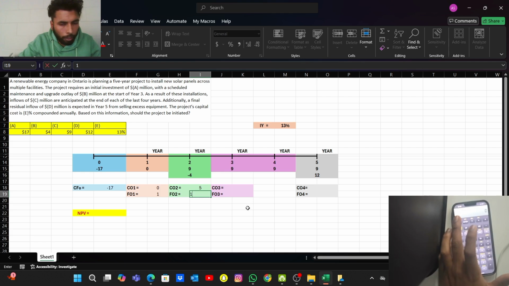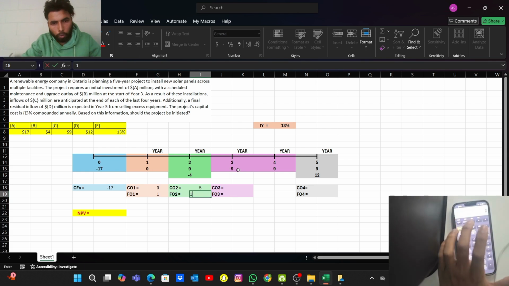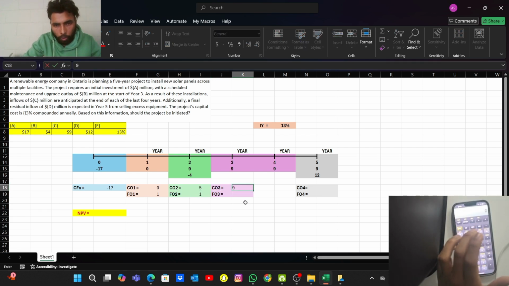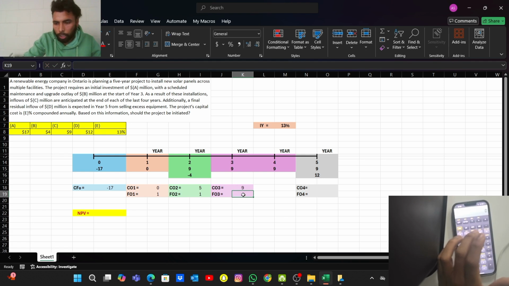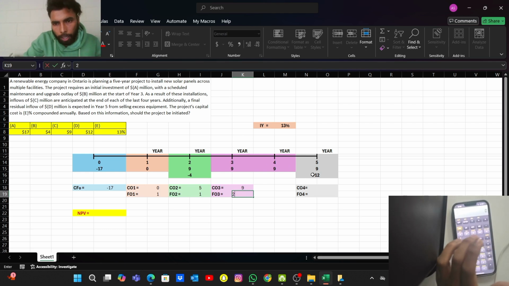For the fourth and fifth years, the profit is only 9 million, so CO3 is 9, but the frequency of that 9 million is 2.